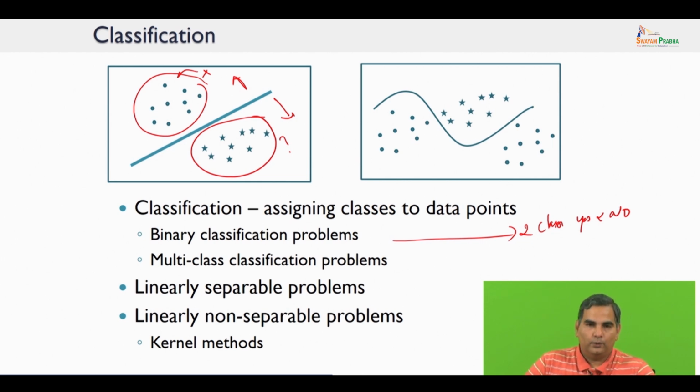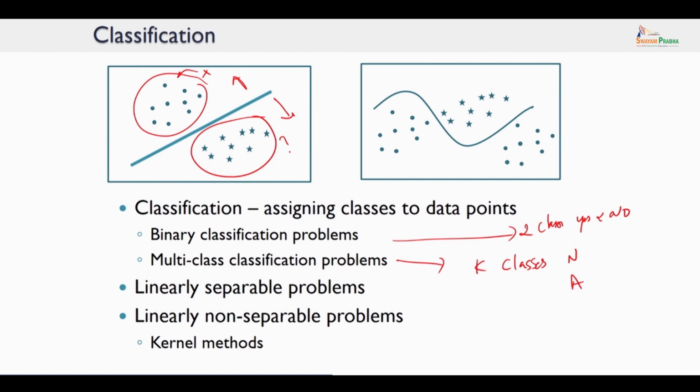Now a more complicated version of this problem is what we call a multi-class classification problem, where I have labels from several different classes. So here I had just 2, but in a general multi-class problem I might have k classes. A classic example, again going back to the equipment example, instead of saying if the equipment is just normal or abnormal, you could further resolve this abnormality into several different fault classes, let us say fault 1, fault 2, fault 3.